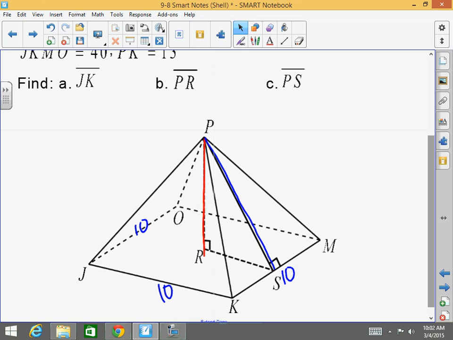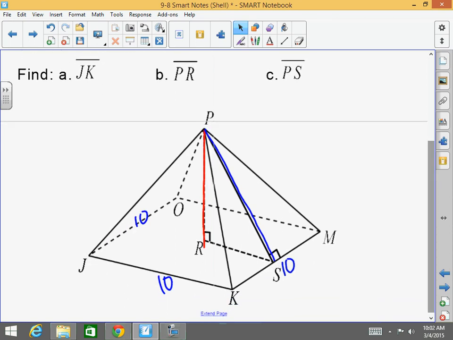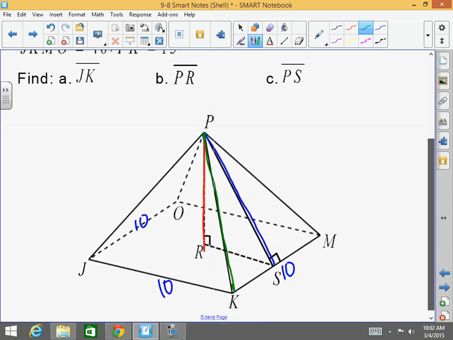Okay. They tell me that PK, which is the edge here, not the slant height, but the edge, is 13. I want to find JK, PR, and PS. All right, boys. This is where the Pythagorean comes in. If I take PKS, don't I have a right triangle here?